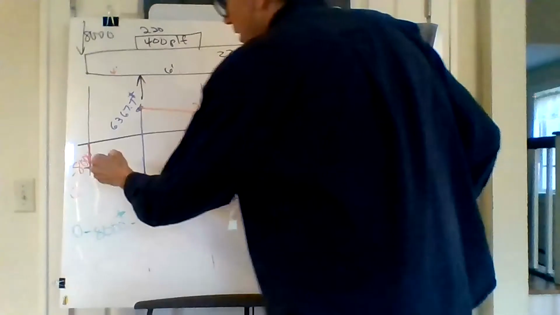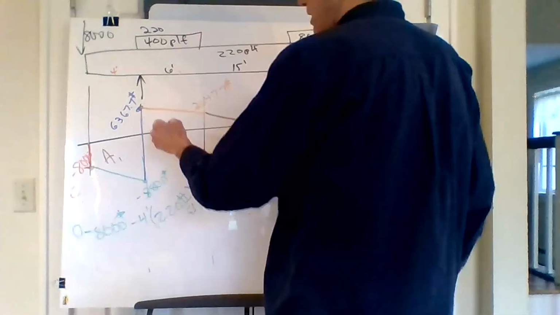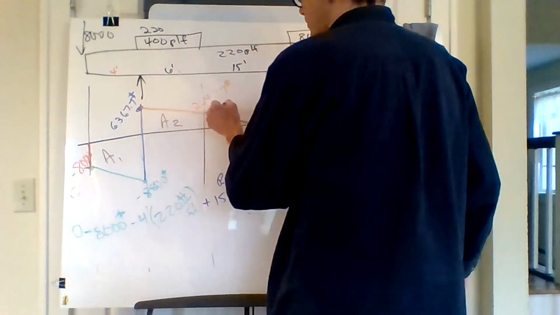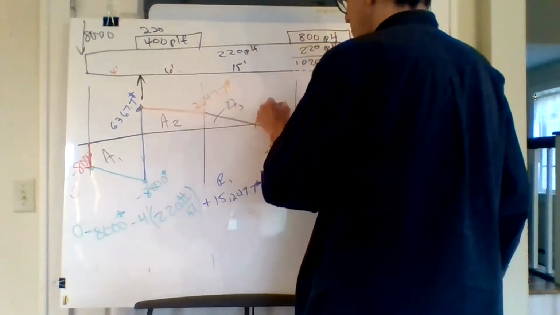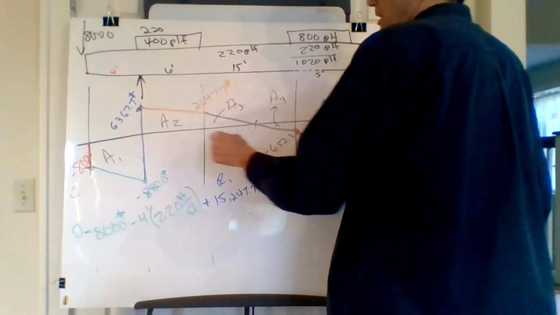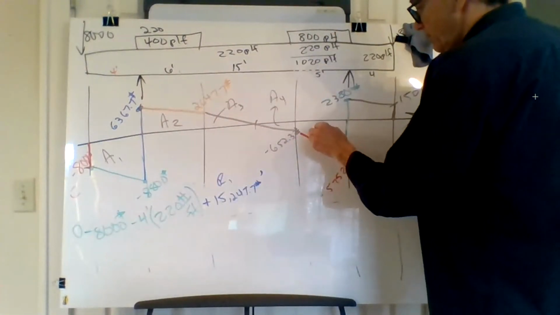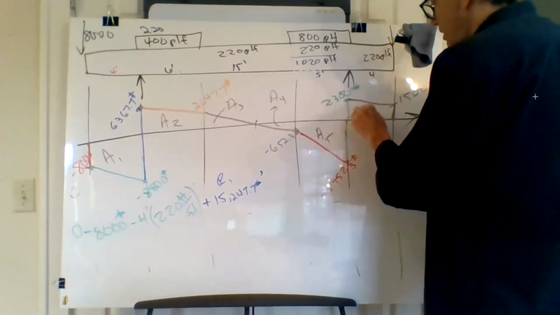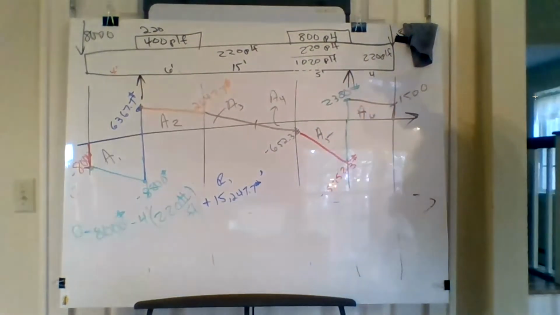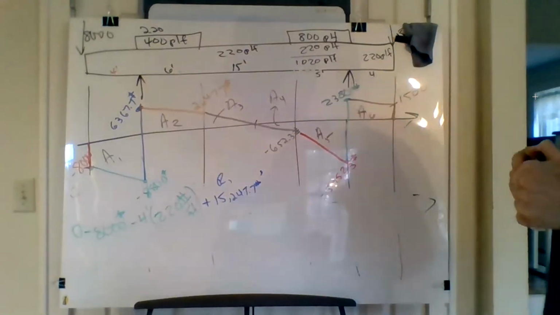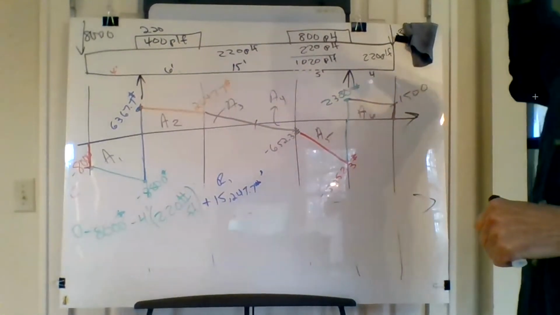So we had area 1, which is negative, area 2, area 3, area 4. These two are triangles. Everything else, what's this? This is area 5, area 6. They're all trapezoids.